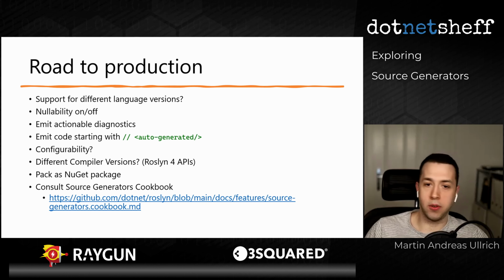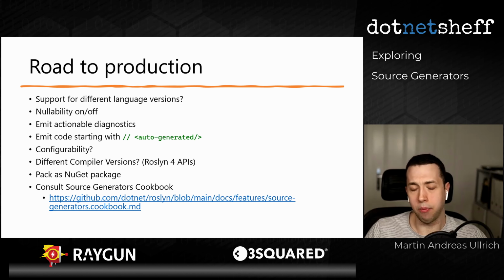Also, if your users are not using your analyzer or your generator correctly, you can do the same things as analyzers can do. You can emit diagnostics. So you can actually emit a warning that then shows up as a squiggly in Visual Studio or VS Code and tell the user, hey, did you mean this? And I think you can even generate fixes.